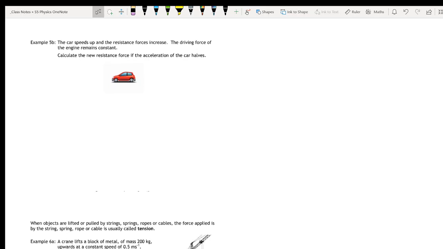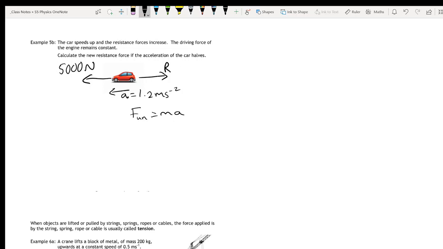The new resistance force is when the acceleration of the car halves. We've still got the driving force, which is 5,000 newtons. We want to know what the resistance force is. And if the acceleration of the car halves, so half of 2.4 is 1.2. Okay. So the unbalanced force is mass times acceleration.